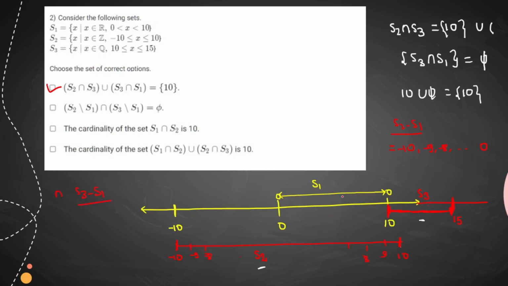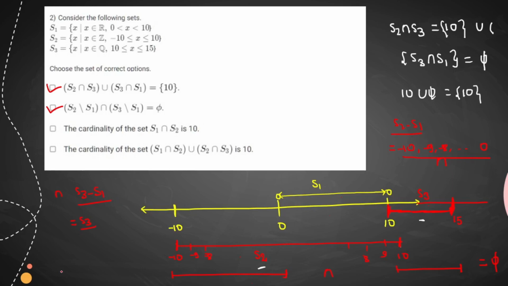S3 minus S1 will be equal to S3 because no elements of S1 are in S3. So we have to take the intersection here. The first set is from minus 10 to 0, and the second set is S3. We have to choose the intersection between them, so it will be empty. So the second option is also correct.